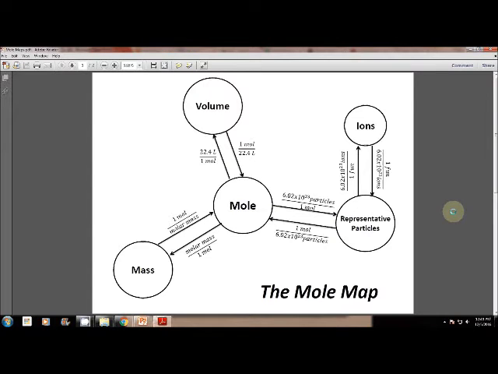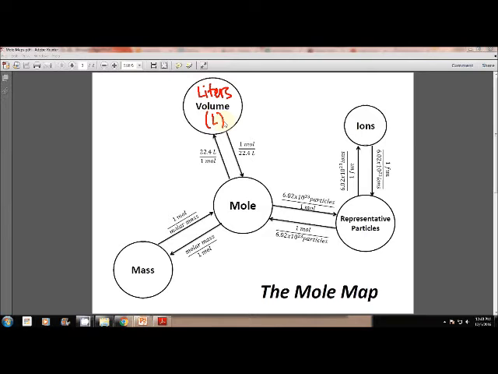So, okay, looking at our mole map quickly, we have filled in the grams for mass. We filled in the atoms, molecules, and formula units for the representative particles. So now in the volume, we're going to be dealing with liters. So you can put an L for liters up in there, or you can put the word liters.